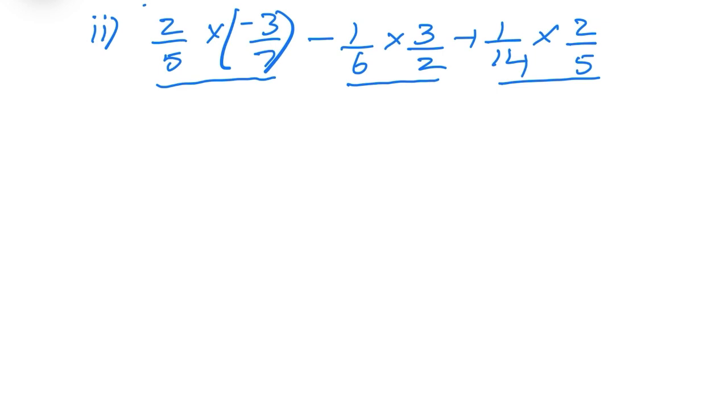Let us see the common fraction available. 2 by 5. Here you see 2 by 5 we have, and here also we have 2 by 5. So 2 by 5 is there in the first term, and in the last term also 2 by 5 is there. So these two terms should be written side by side.